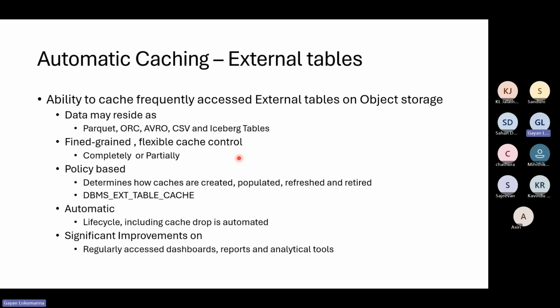Now with this new feature, including Iceberg tables, you can have your data residing in different formats. And you also have the flexibility of doing fine-grained access and cache control.